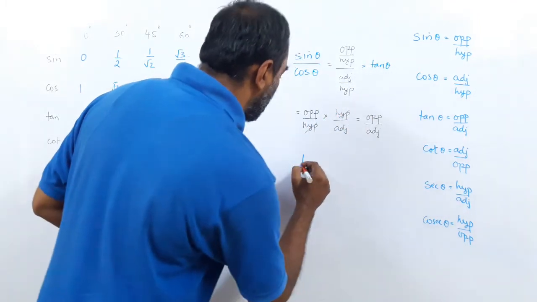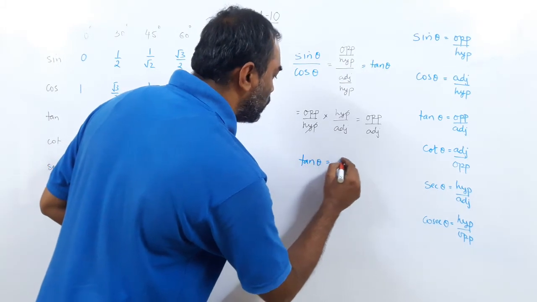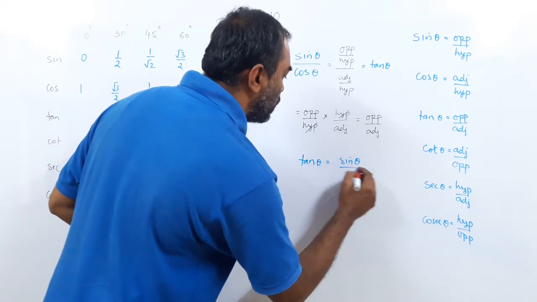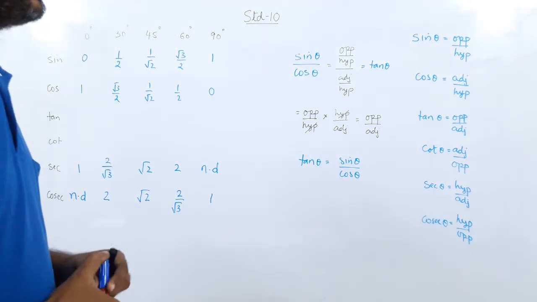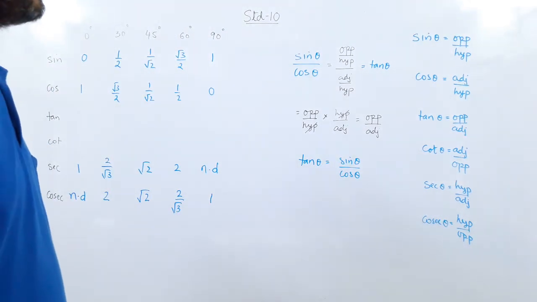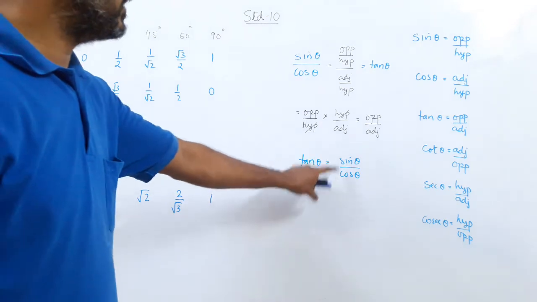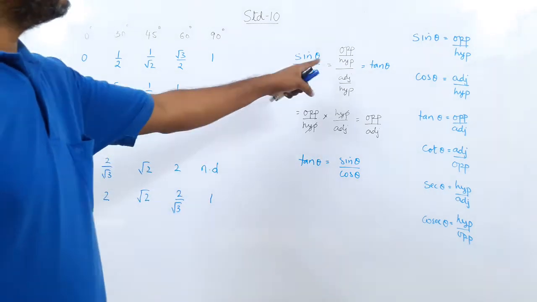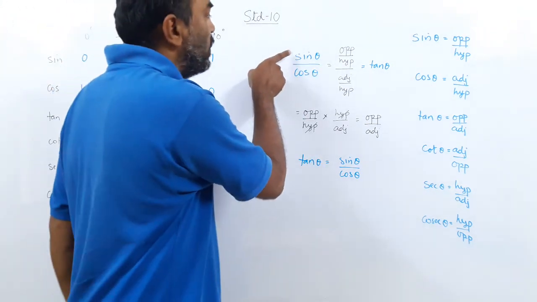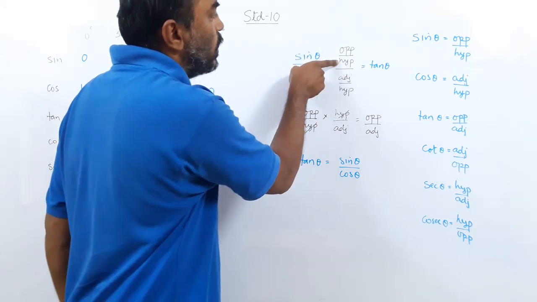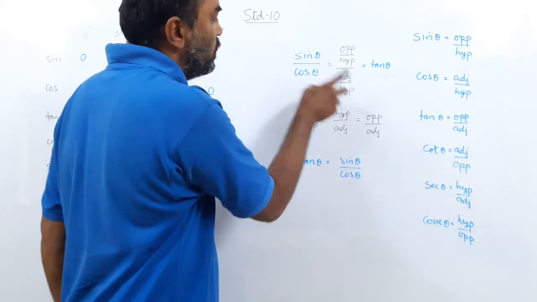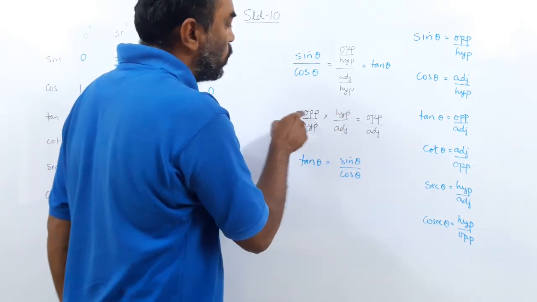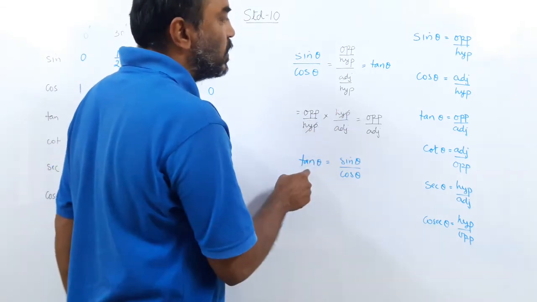So we got the formula tan theta equals sine theta upon cos theta. Is it clear? And this is how we got it: I divided sine by cos. Opposite upon hypotenuse is sine, adjacent upon hypotenuse is cos. Reciprocal, hypotenuse gets cut, so opposite upon adjacent is nothing but tan theta.